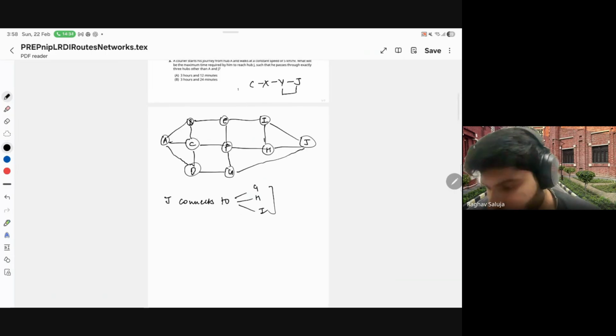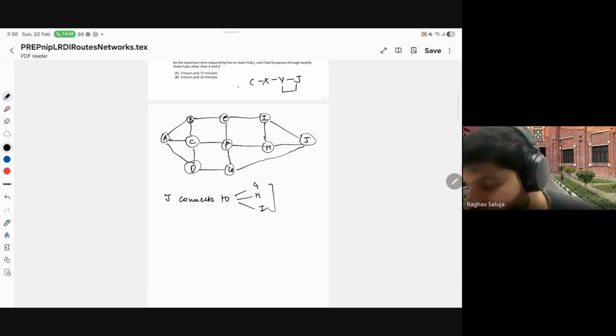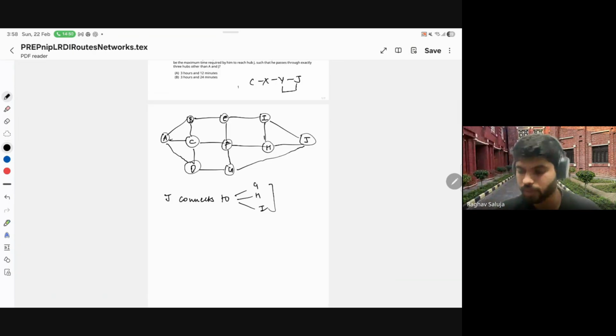Think of it. That if the path is C, J, and there are only two hubs in between, let's say one is X, one is Y. So Y has to be directly connected to J. And the hubs that are directly connected to J are GHI. So Y has to be one amongst G, H and I.